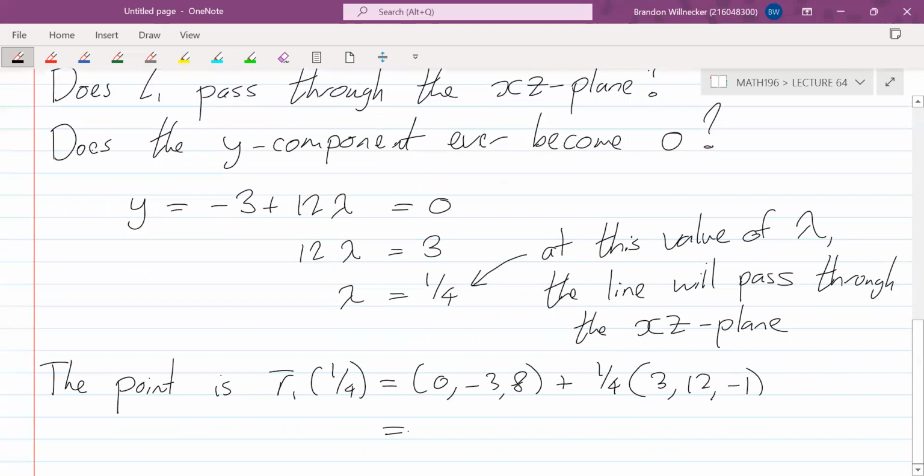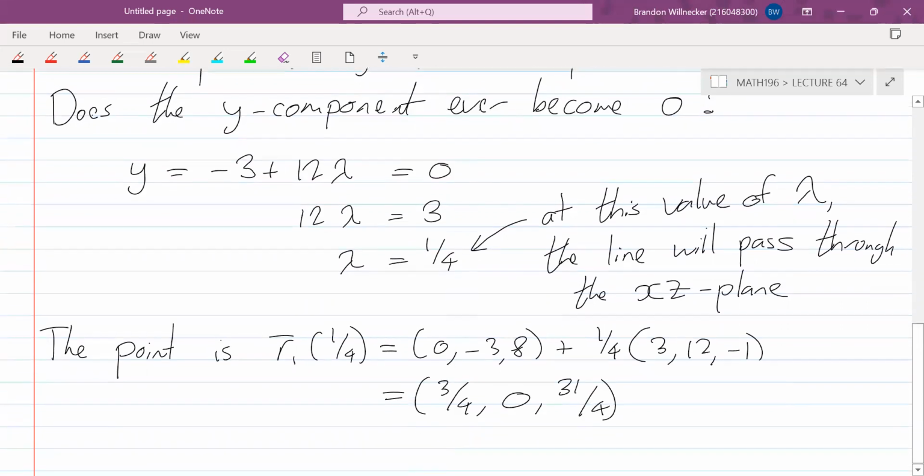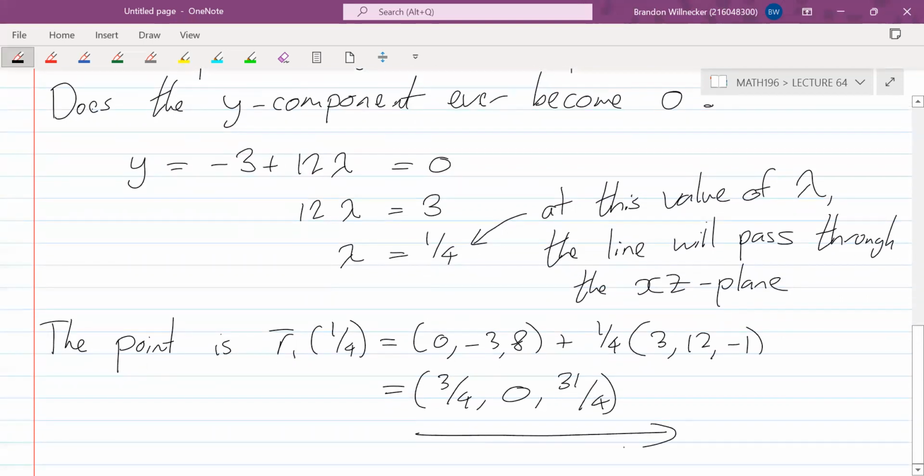Okay, we just add all of that together, and we get ourselves 3/4, 0, which is good because we wanted the Y part to be 0. And the Z part is 31/4. Okay, so that is the point of intersection between the line L1 and this XZ plane.